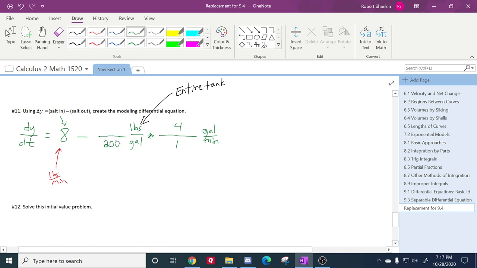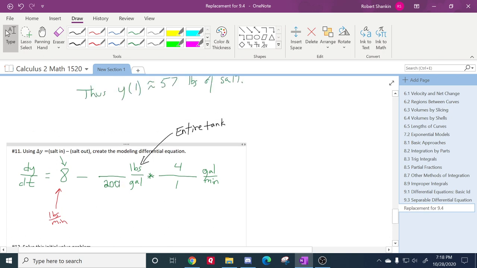Since it's well stirred, if I have the number of pounds of salt at any time t divided by the total number of gallons, that's its concentration. So how many pounds of salt is in there at any time t? My first instinct is to say, well, it's constantly changing. There's no way that we can know.